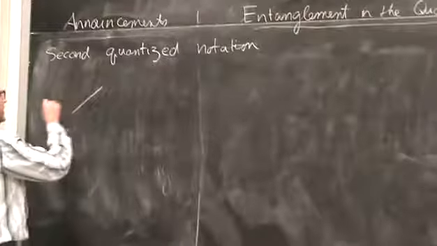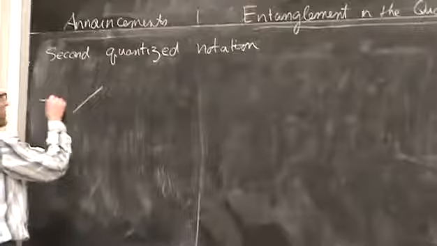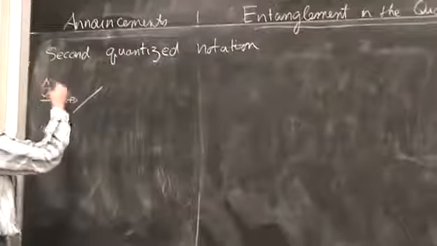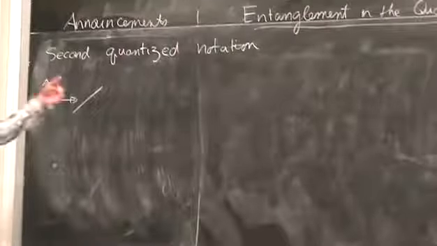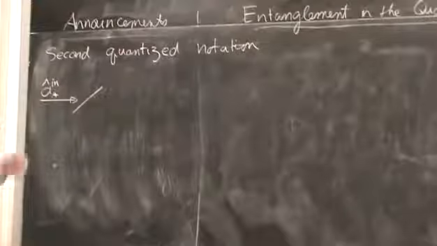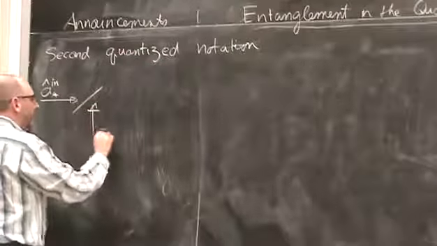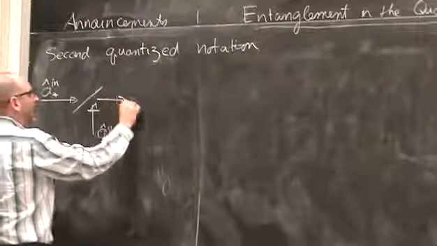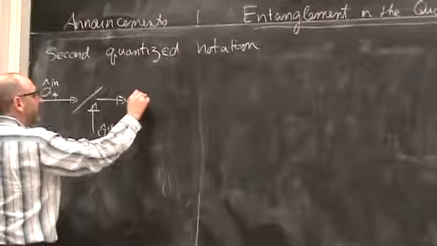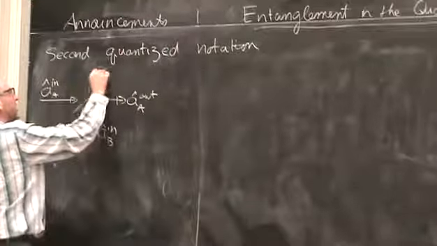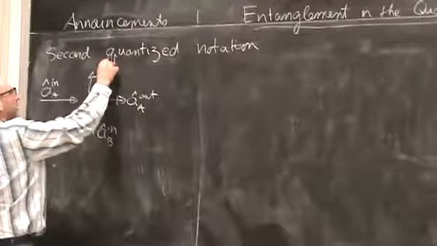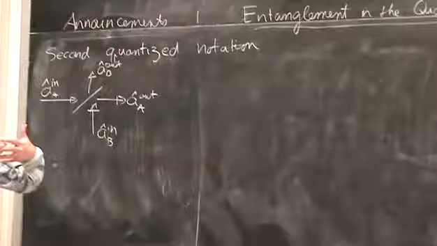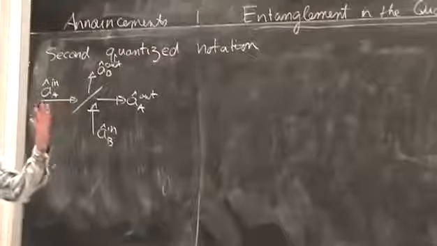Generically, I have an annihilation operator for the in wave in mode A, a similar one for mode B, and then we have the out. The scattering matrix that you learn about in your advanced quantum course tells you how to go from the incoming waves to the outgoing waves. That's the S matrix.